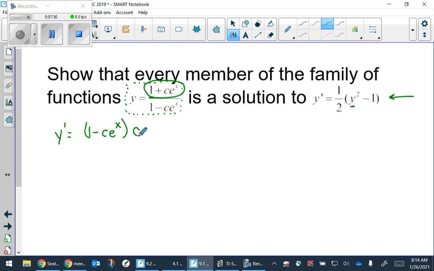C e to the x, minus high, 1 plus C e to the x, d low, and what's the derivative of the bottom? Negative C e to the x, over low low, which is 1 minus C e to the x squared.